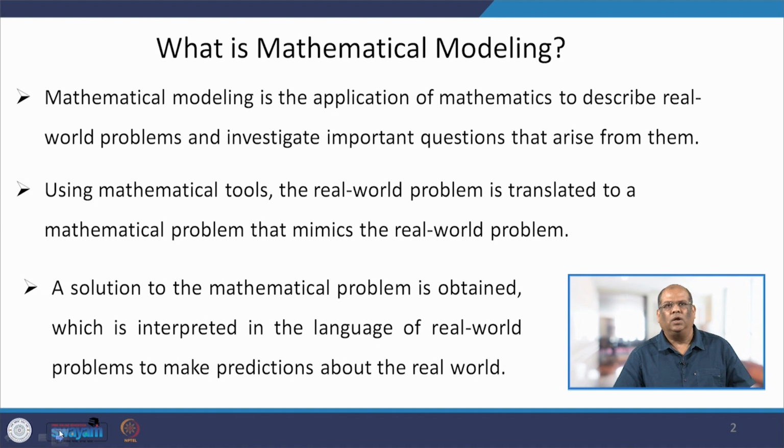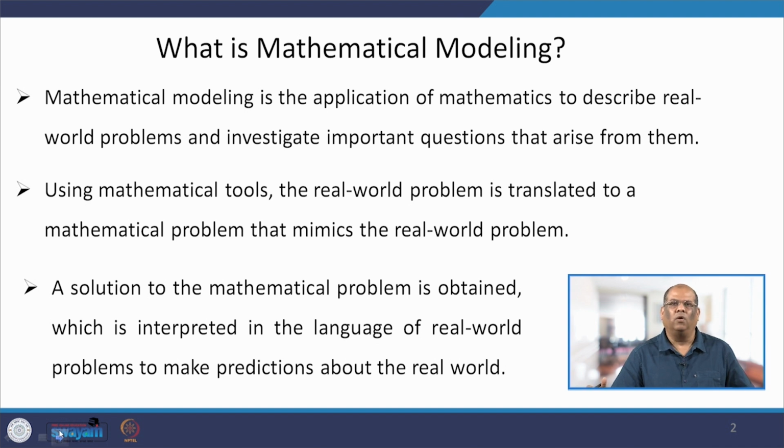So, the very first definition: what is mathematical modeling? As you can see, it is an application of mathematics to describe real world problems and investigate the most important questions that arise for them. For example, let us take the case of COVID-19.